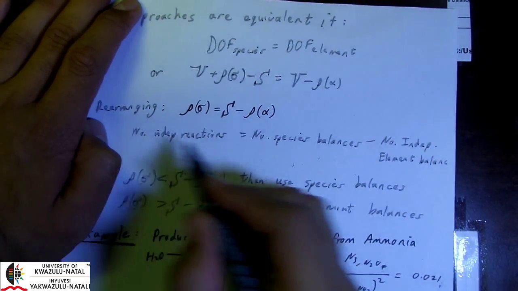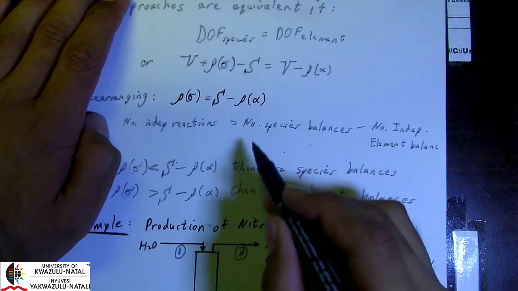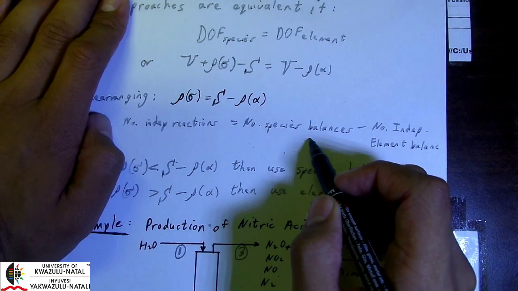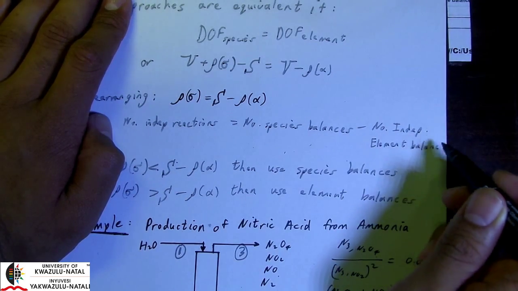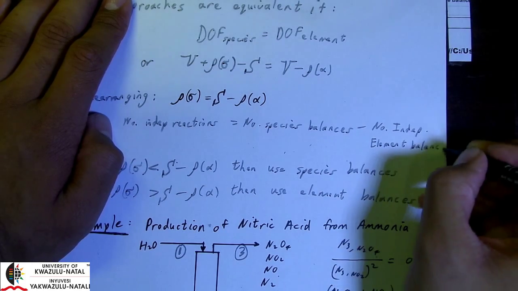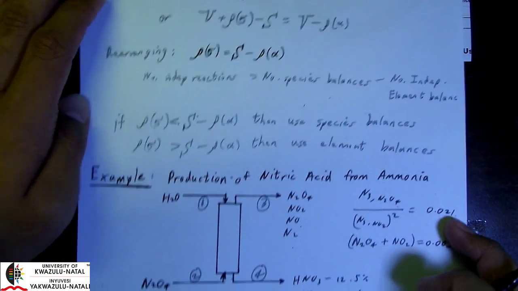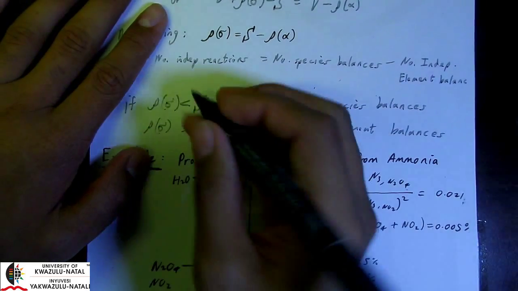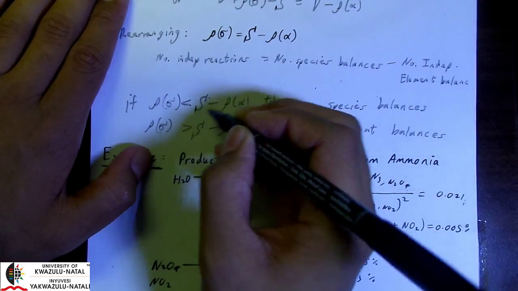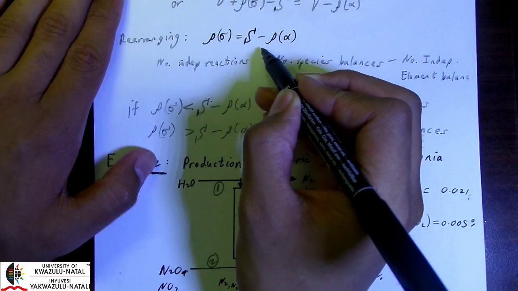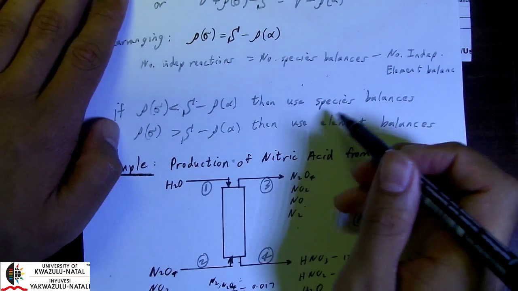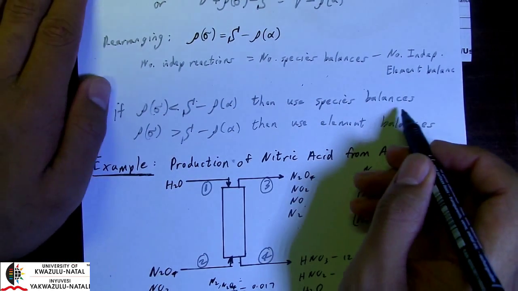So this is ultimately what we are saying. The number of independent reactions is equal to the number of species balances minus the number of independent element balances. And it turns out that if rho of sigma is less than the right hand side of this equation, then it is preferable to use species balances.